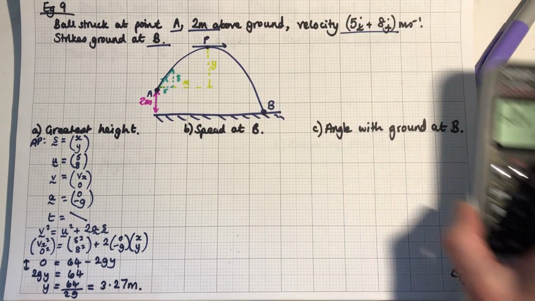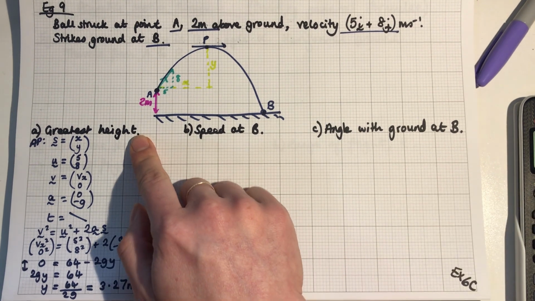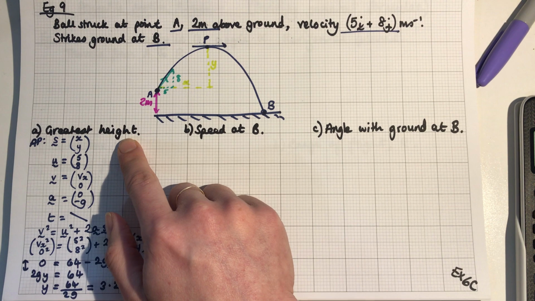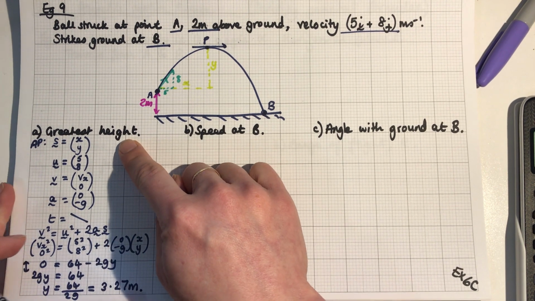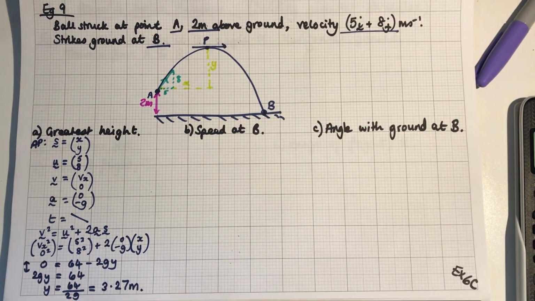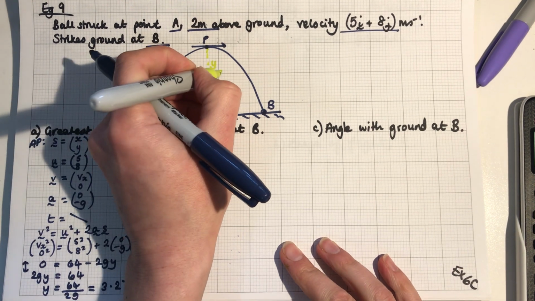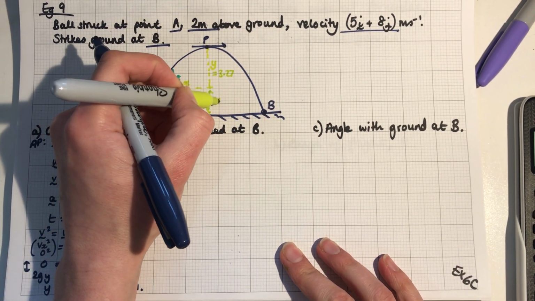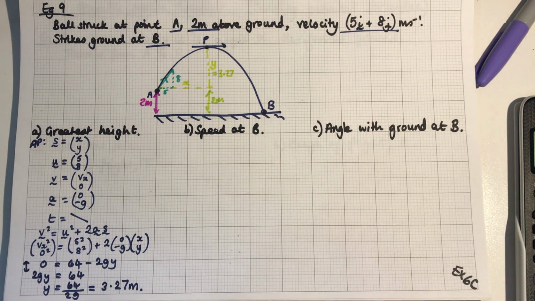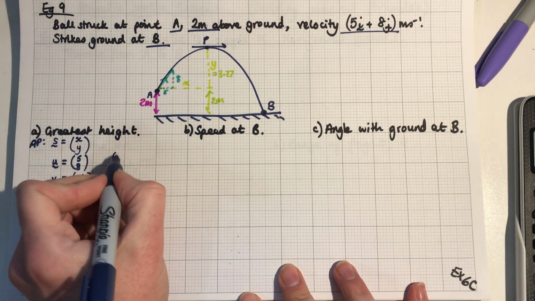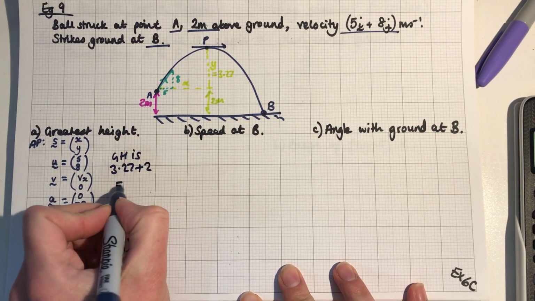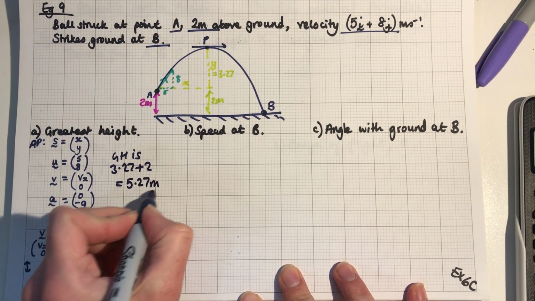But the question is asking me for the greatest height above the ground. I didn't write it on here, but if you look in your book, you'll see it says that. So the greatest height above the ground is this y, which we've just worked out is 3.27, plus that 2 metres there. So the greatest height is 3.27 plus 2, 5.27 metres.